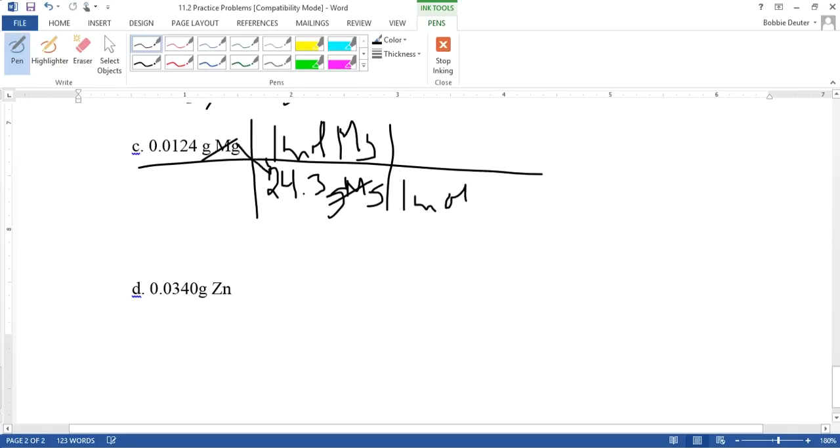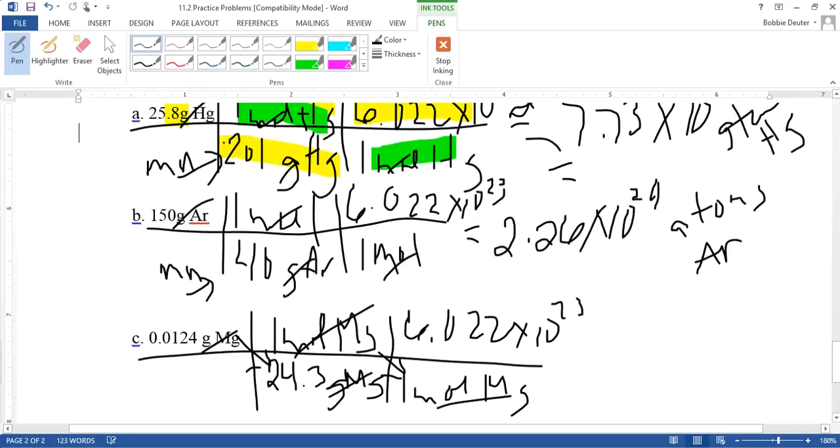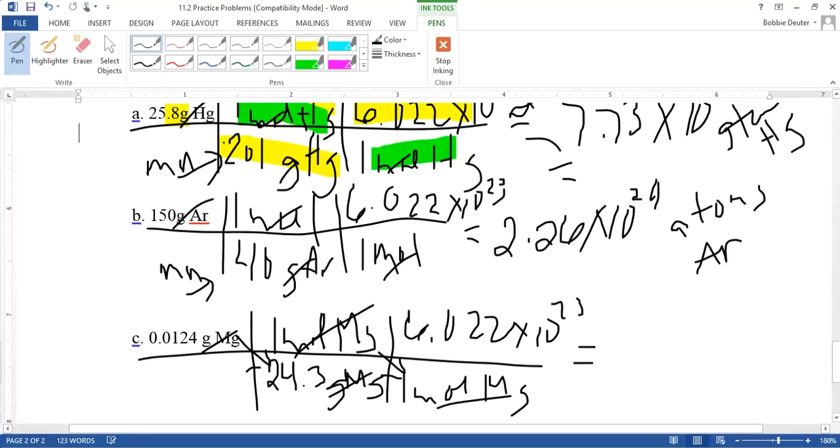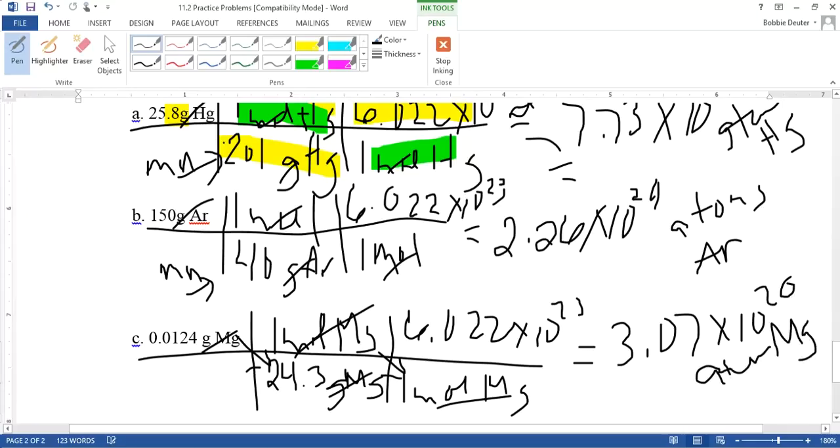Again, whatever goes here is going to follow the trend. Grams here. Remember, 1 mole is not always going to be 1 mole, but we're doing it now. And it's 6.022 times 10 to the 23rd. Multiply the top, divided by the bottom, you get 3.07 times 10 to the 20th atoms of Mg.